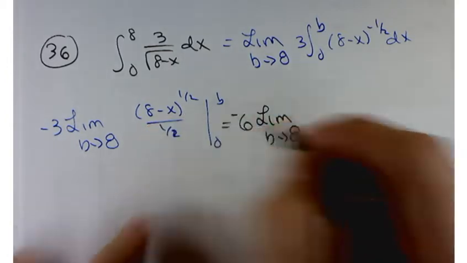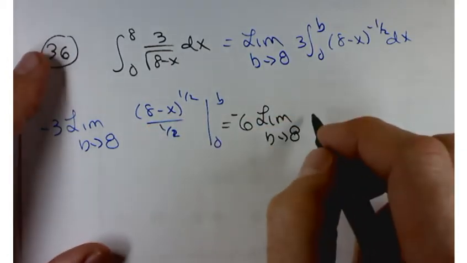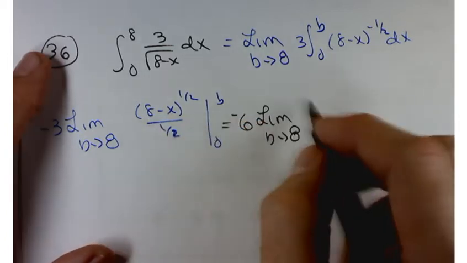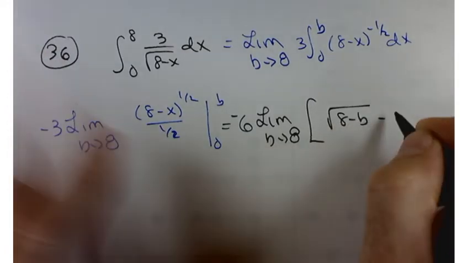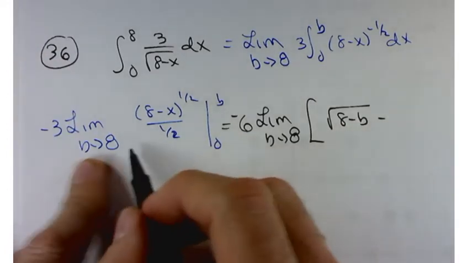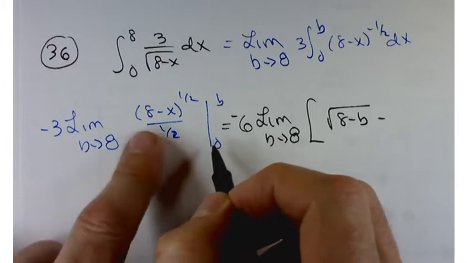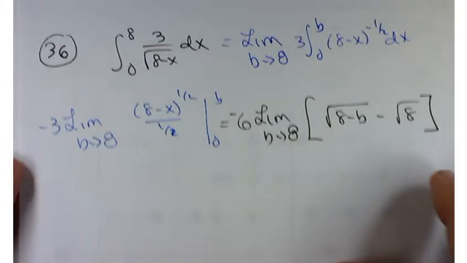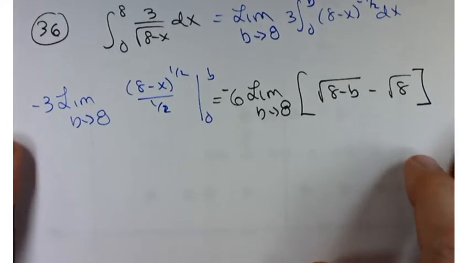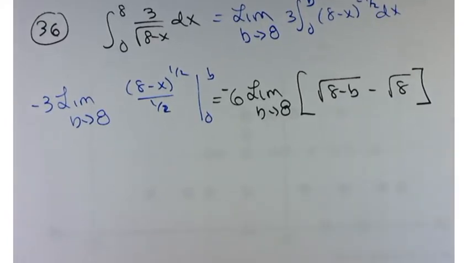That's essentially the square root of 8 minus b, minus... plugging in a 0 here, I'll get the square root of 8. Okay, a couple things to clean up, but let's start here.